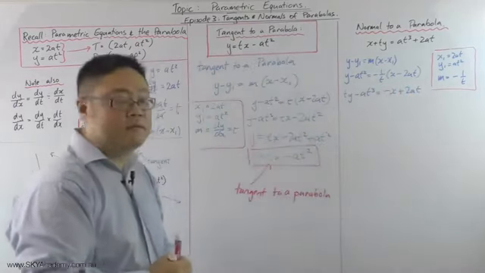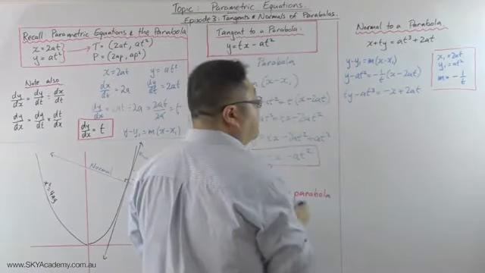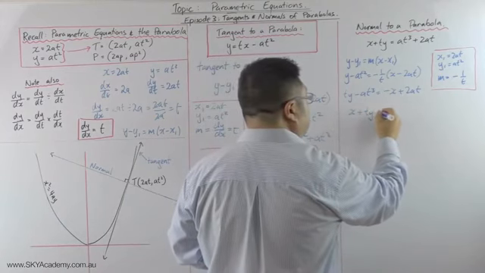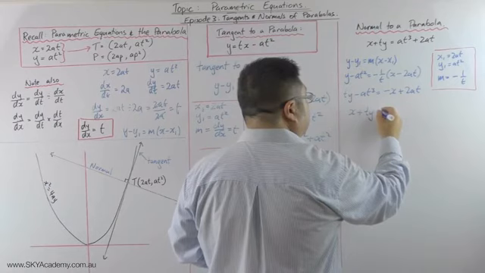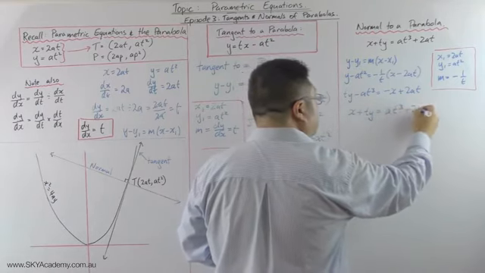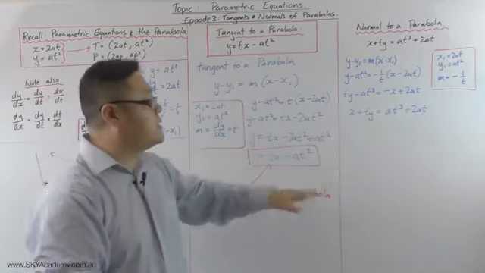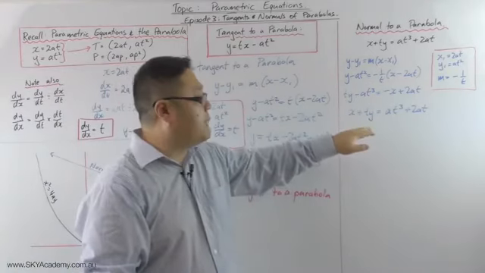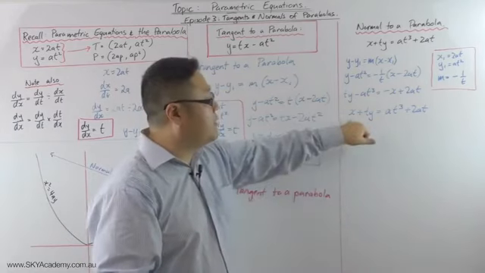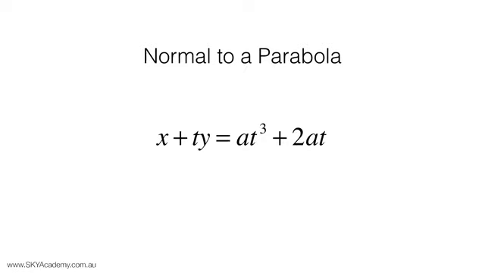Does that make sense? Cool. We're going to bring this over to that side, that over to that side, and we're just going to simplify it out. So it's x plus ty equals at cubed plus 2at. All right, so through a simple process of cleaning up the equation, we get that the normal to a parabola is given by this particular equation here. Okay, that's very useful for us.